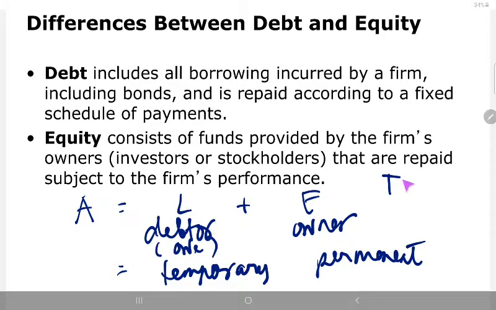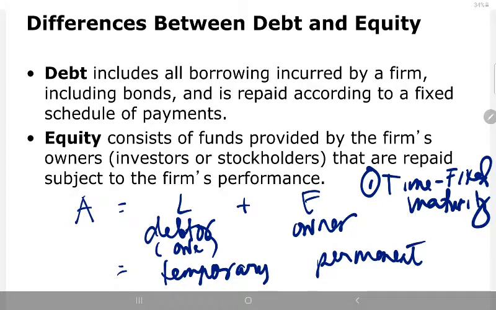when it comes to time, okay, so let's talk about time. It will be fixed because you have maturity, right? This one, you know if it is 1 month, 2 months, 1 year, di ba? If it is with liability.